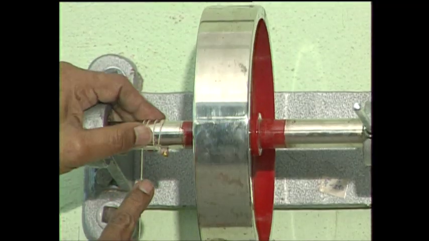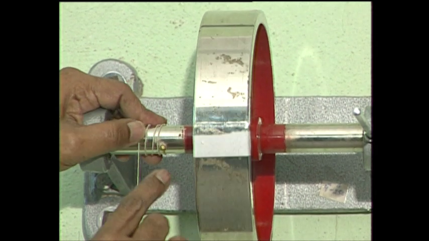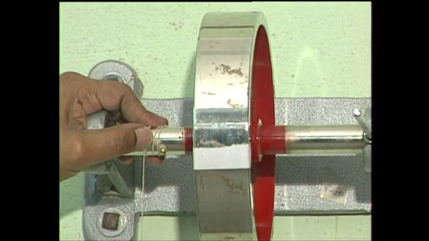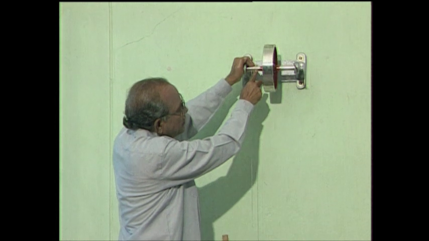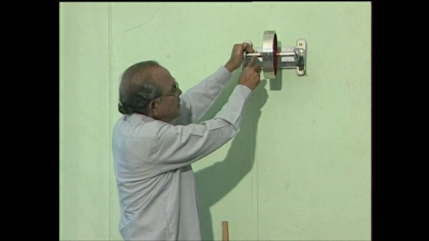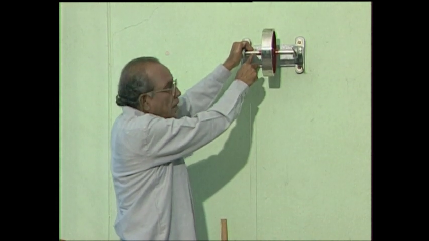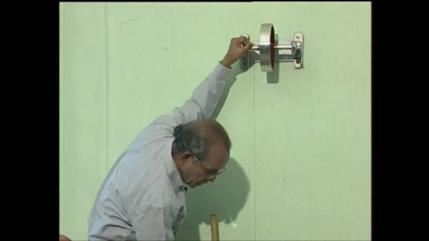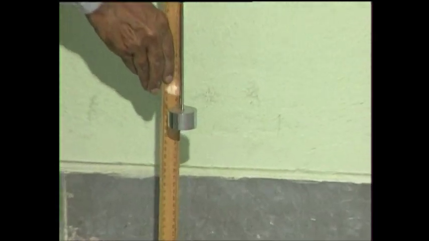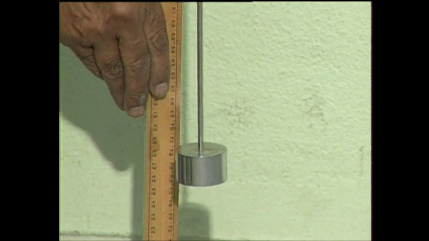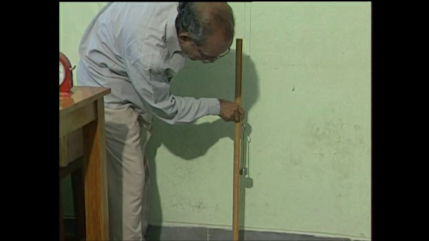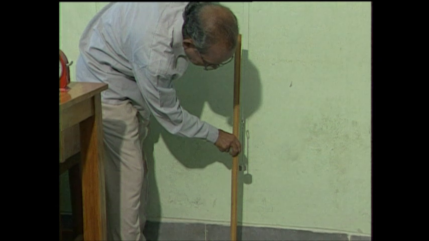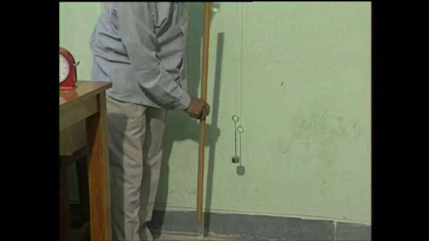I have already done that by inserting the peg in the axle and giving some number of rotations, say here it is 6. Now, we are going to measure the height from the floor up to the bottom of the weight. It is about 56 centimeters.